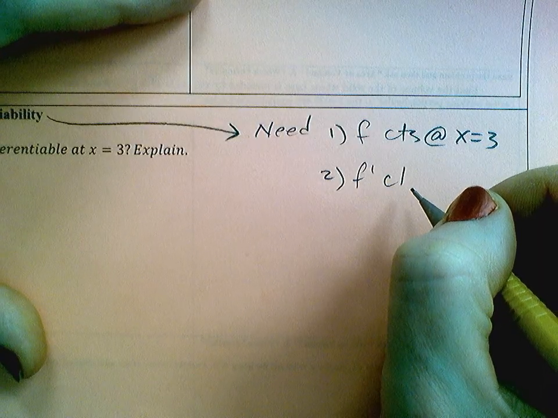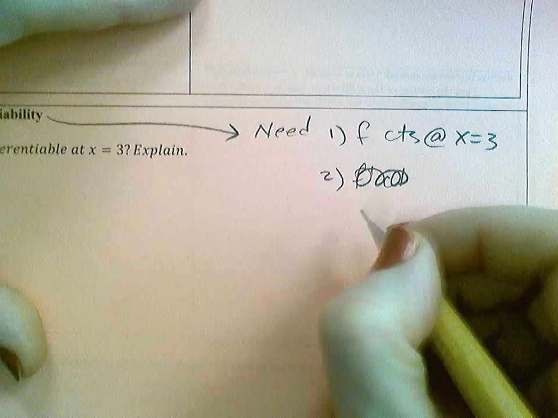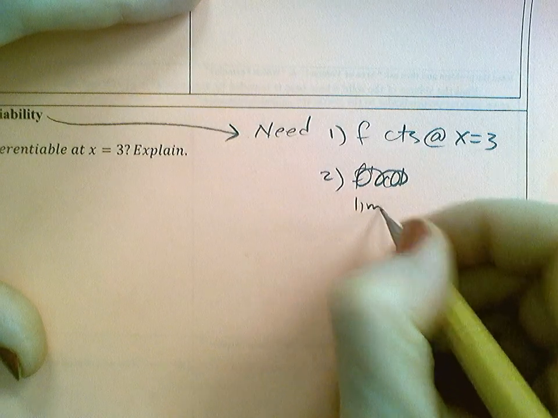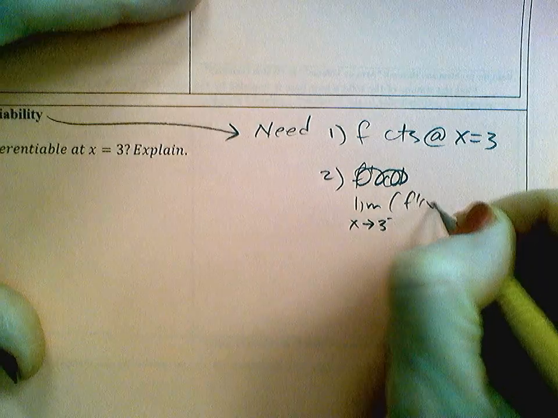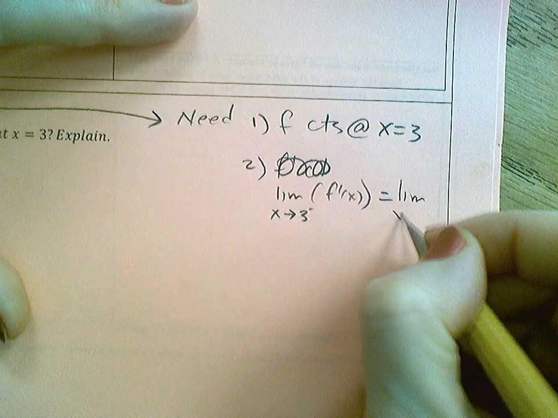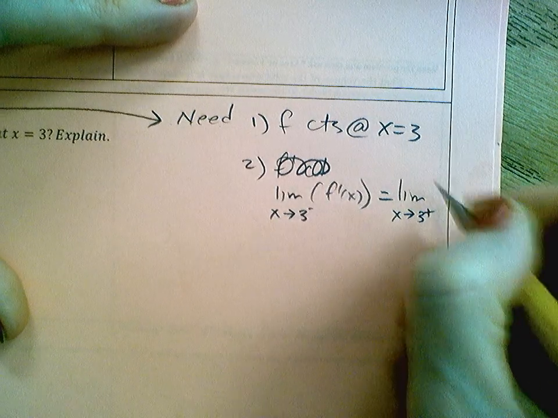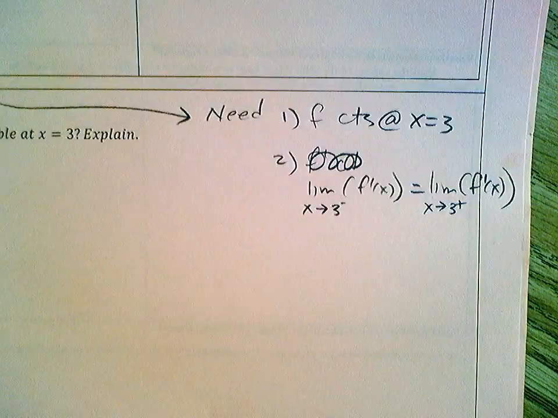No, let me write what we need. We need the limit as x approaches 3 from the left of f prime of x to equal the limit as x approaches 3 from the right of f prime of x.